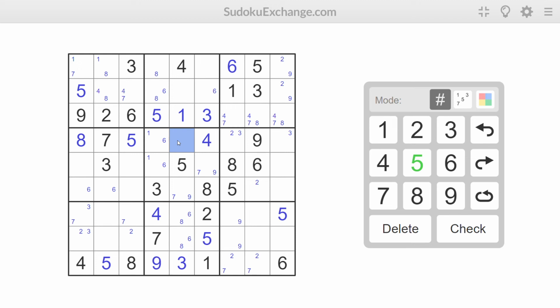So what's that? It's a 2. That means this 2 can be eliminated, which leaves us 2 for this space, and 2 here, a 2 here, means either of these two can have a 2. Okay.